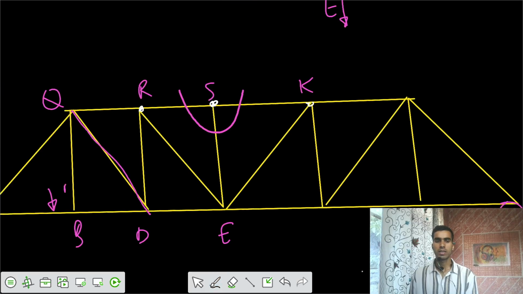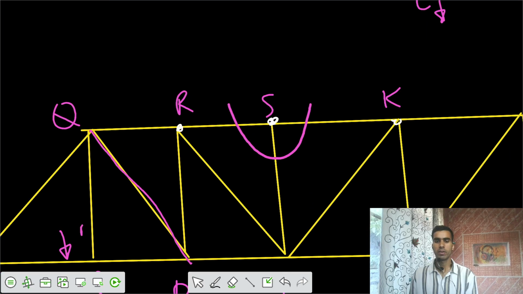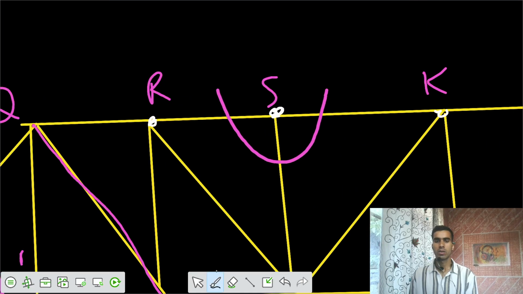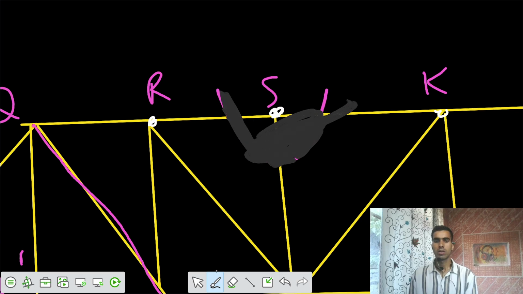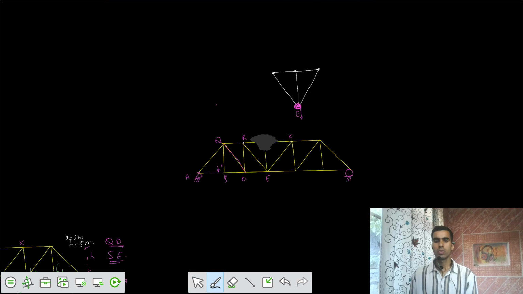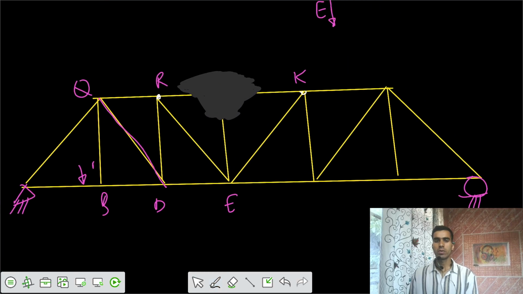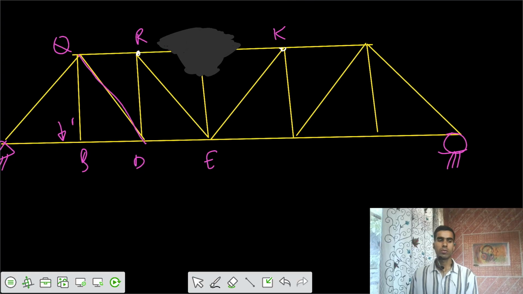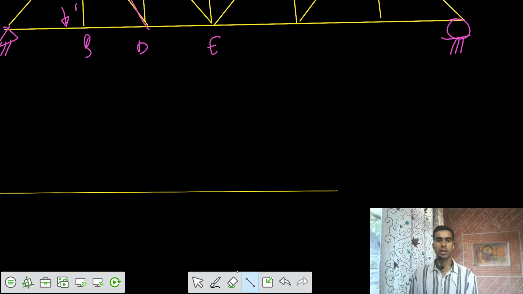Let's try to cut that again, same way. Okay, let's go. So this is our configuration now. Let's have that reference line, ILD.